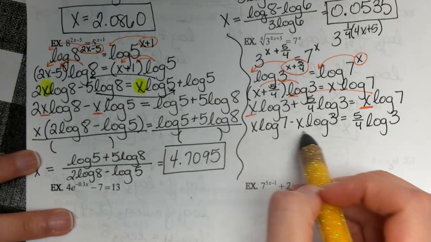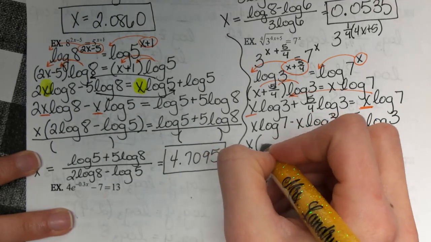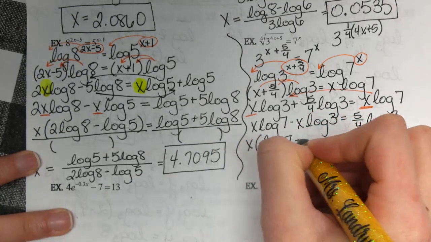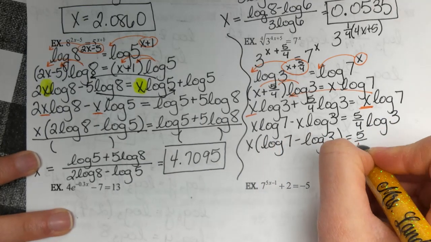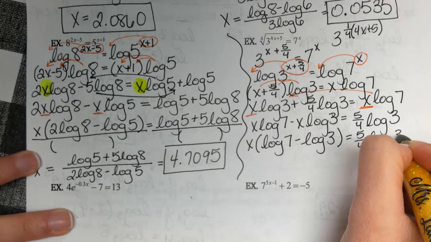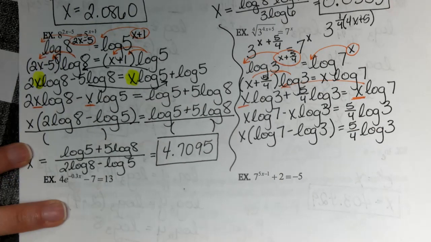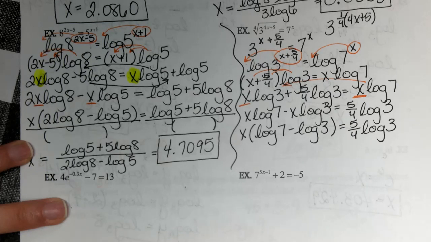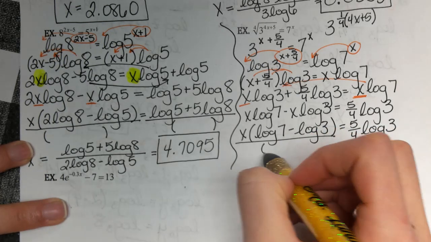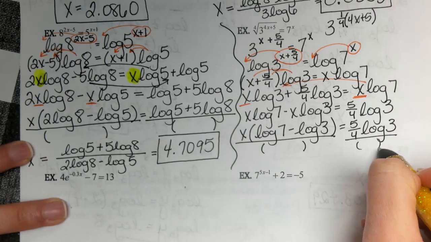Again, I've got x's in 2 terms. Take it out as a GCF. Okay? Then divide by that entire thing that x is being multiplied by.